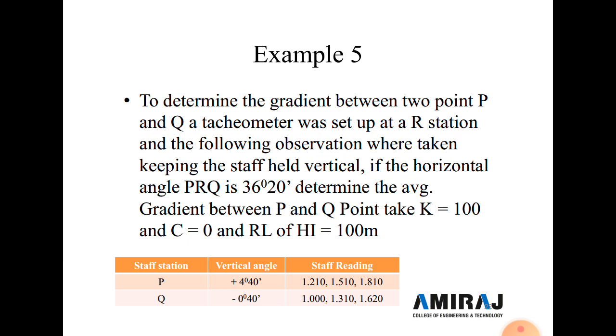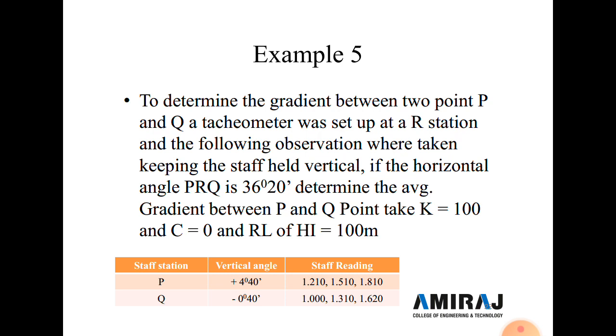Now let's start example number 5. In this example, to determine the gradient between the 2 points P and Q, a tacheometer was set up at station R, and the following observations were taken, keeping the staff held vertical. The horizontal angle PRQ is 36 degree 20 minute.